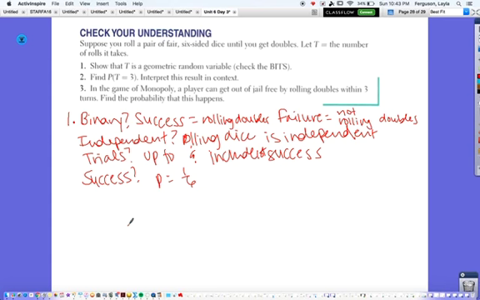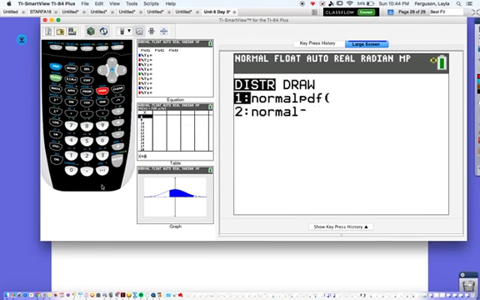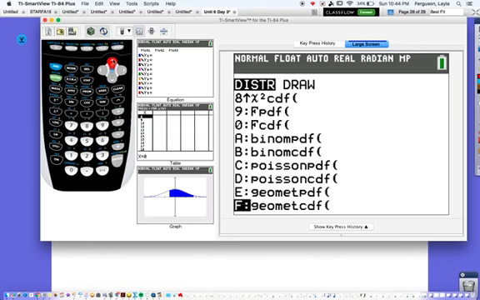Next we want to find the probability that T is equal to 3 and then interpret this result in context. We are able to do this because we said that this was a geometric random variable. We're able to do this on the calculator by going to 2nd VARS and then going to where we have geometric CDF and geometric PDF.